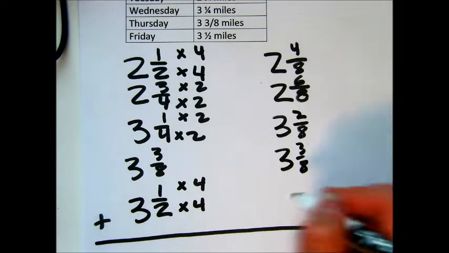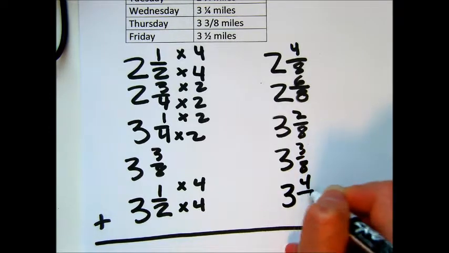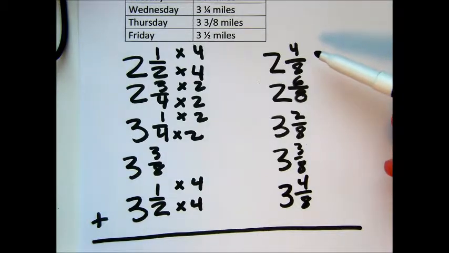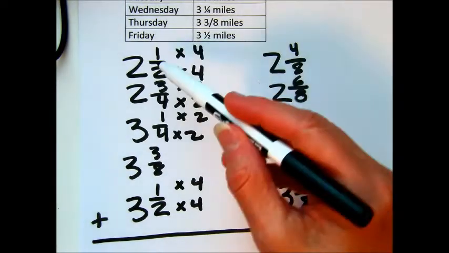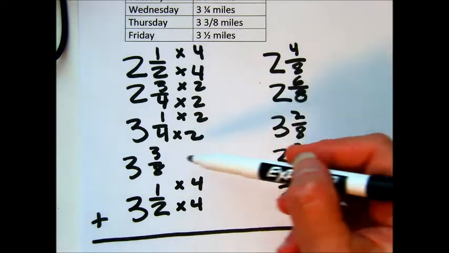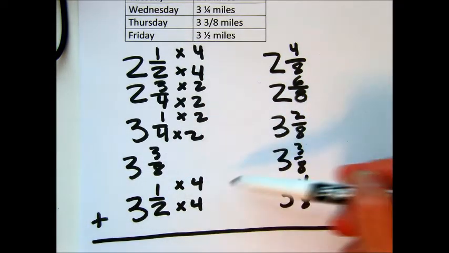And the last one is 3 and 4/8. And again, I'm just going to quickly review, making sure I wrote down what I intended to write. 1 times 4 is 4, 3 times 2 is 6, 1 times 2 is 2, I'm going to bring that over, and then 1 times 4 is 4.